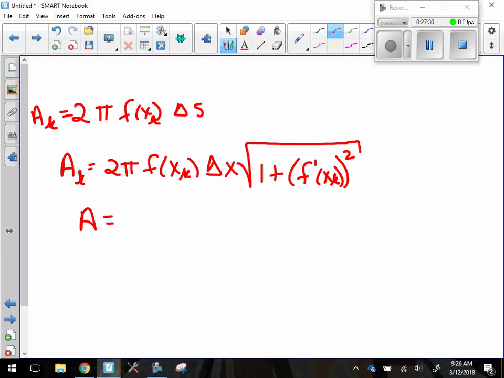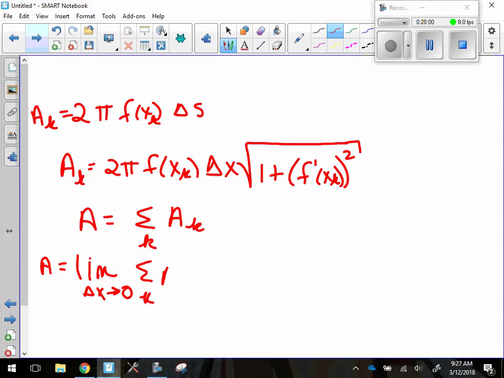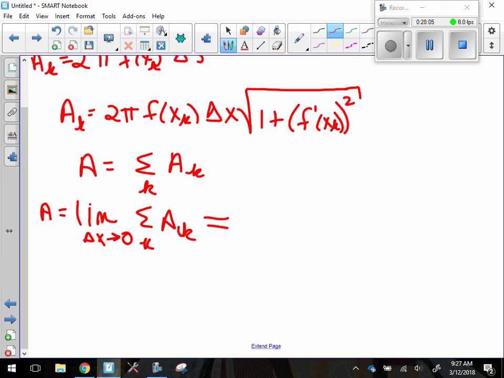And if I want to find the total area, I have to add up all the AKs. And of course, I want to take the limit where delta x goes to 0, right, of my sum. And when I do that, what do I get?